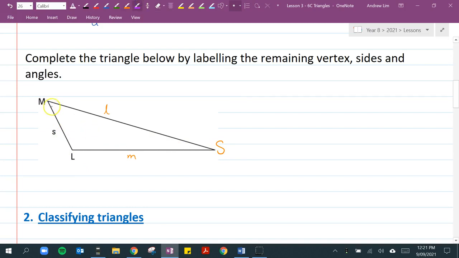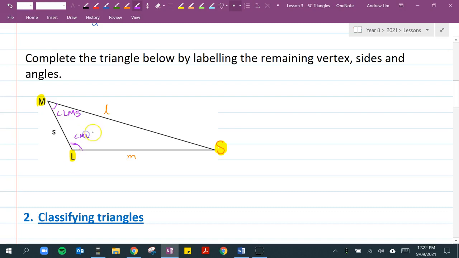And now I'm going to name these angles. This has a vertex M, so M will be in the middle. Angle LMS. Okay, I'm using the vertices when I name my angles. This one down here is at vertex L, so L needs to be in the middle.